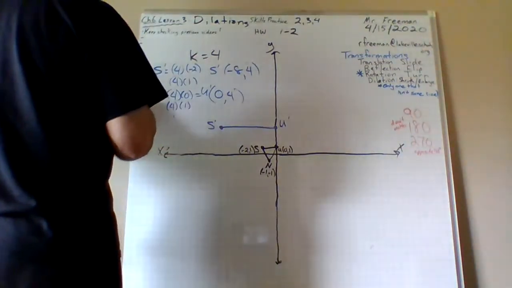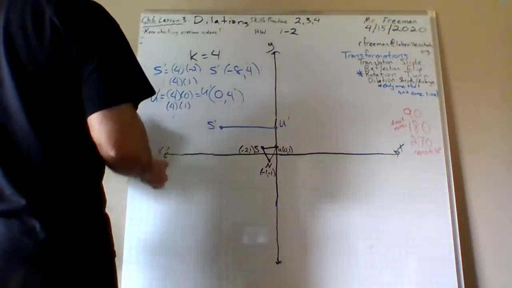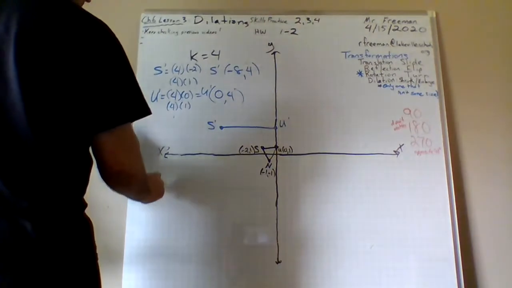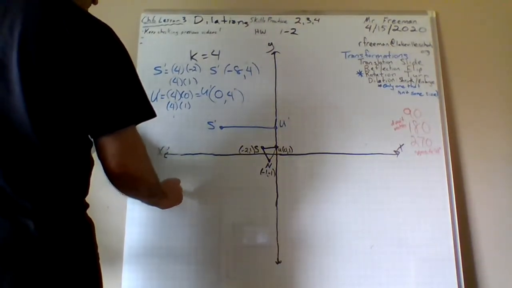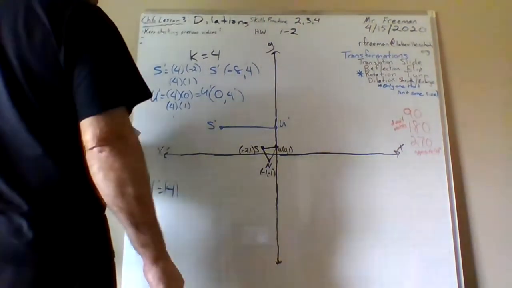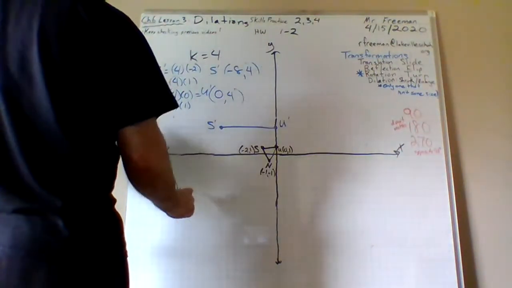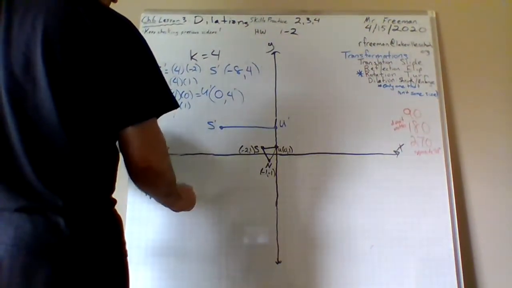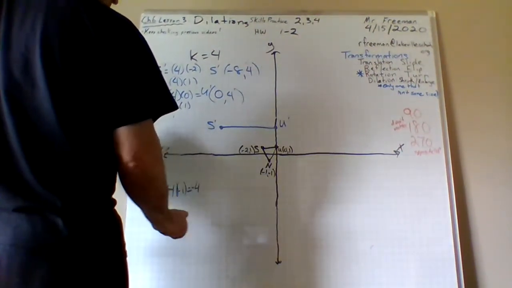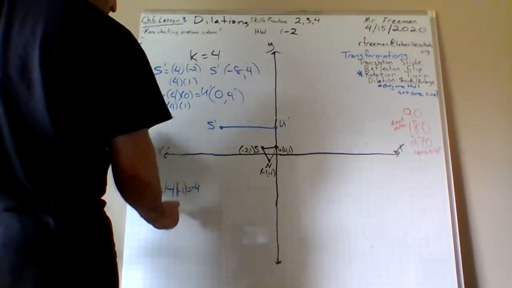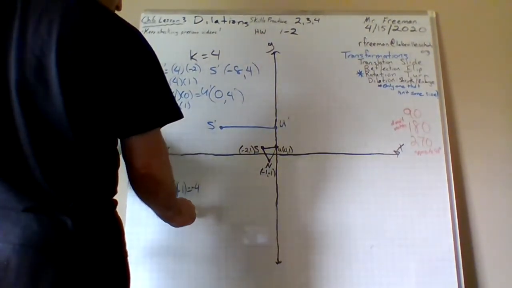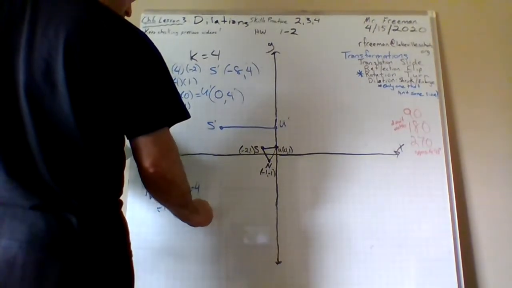Making sure I'm not making mistakes for you. Then I go to my N prime would be that 4 times, first one is negative 1, so that equals negative 4, and the next 4 is times that negative 1 again, so that's also negative 4.